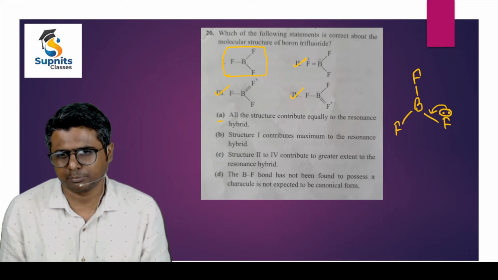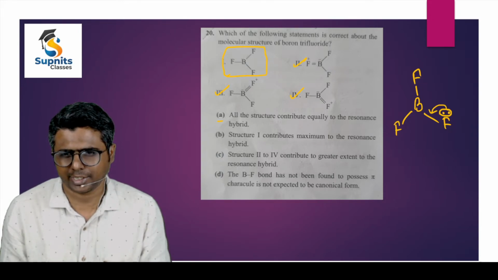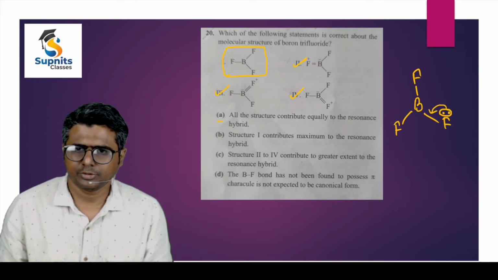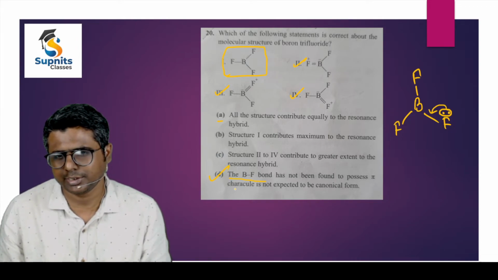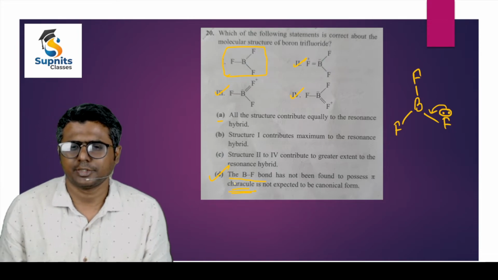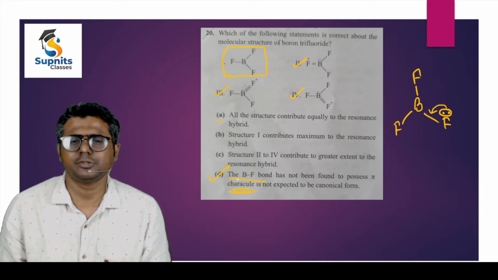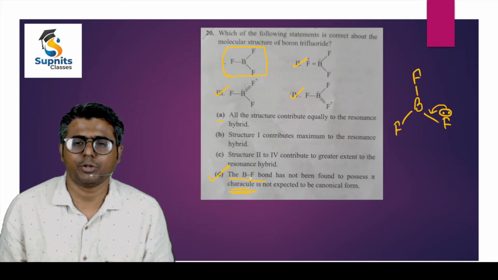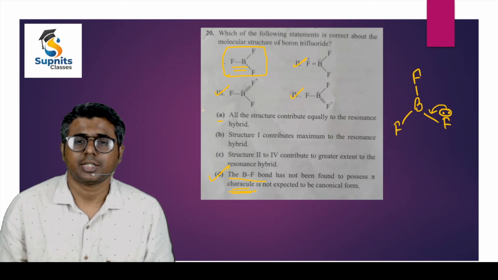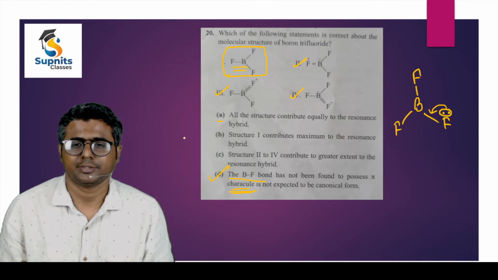BF has not been found to possess pi character, is not expected to be in canonical form. So this is a correct option, because, here there are again some grammatical and spelling mistakes, what this means to say is that this BF bond has no pi character, so it is not expected to be in the canonical form.